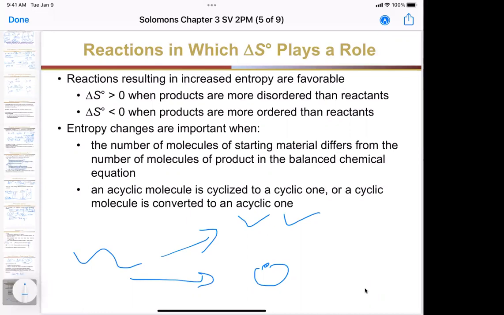We've taken away one of its modes of freedom. So it is more ordered. So we'll see that in our other entropy term.